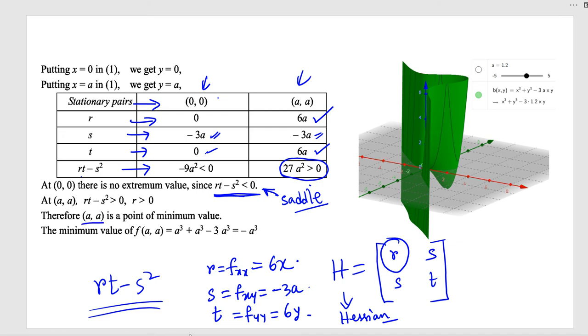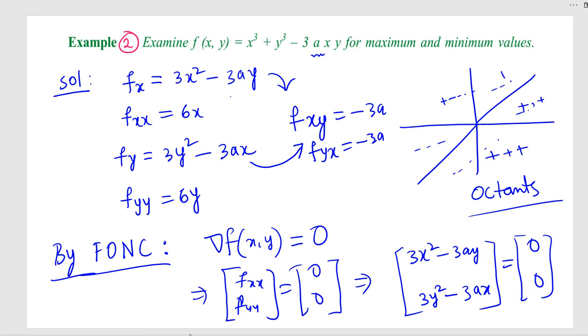But the point (a, a) is a point of minimum because 6a is greater than 0, provided a is greater than 0. In fact, we should have mentioned that a is greater than 0, because if a is negative, then the point will come here.